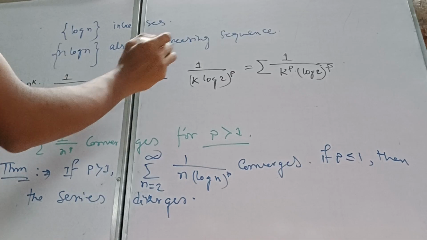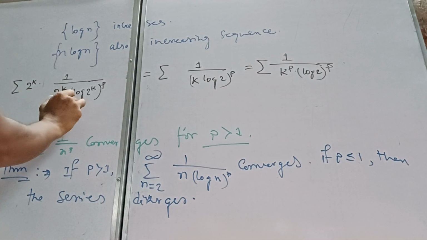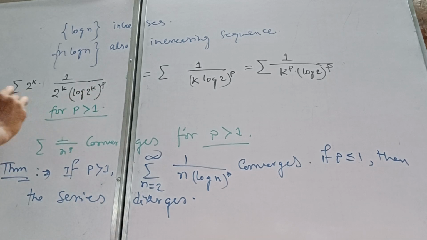That means if (log 2) to the power p is common, then 1 by k^p converges for p greater than 1. That means this one converges for p greater than 1.